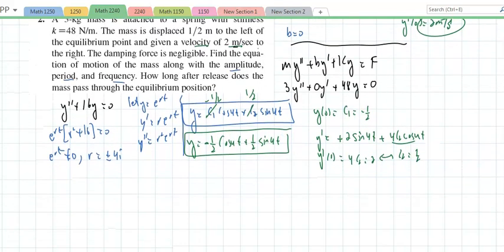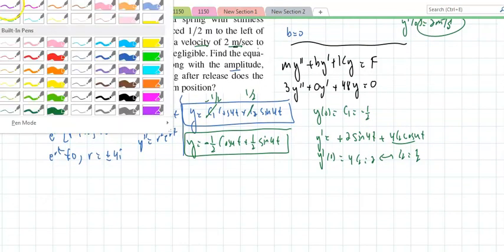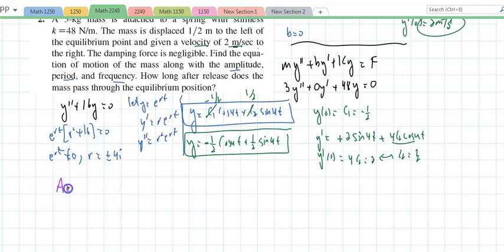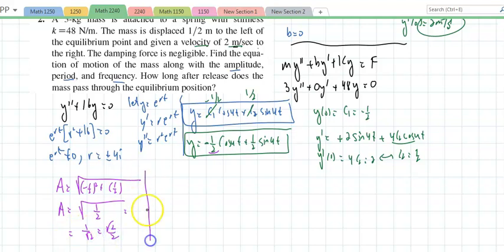Now, let's find what they want, starting with the amplitude. The amplitude is the square root of this squared plus 1/2 squared. A squared is 1/4 plus 1/4, which is 1/2. So A is actually 1 over radical 2, which is radical 2 over 2. Got it. What else did they want?